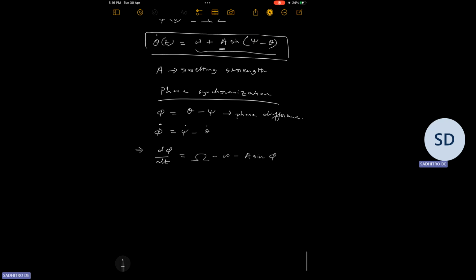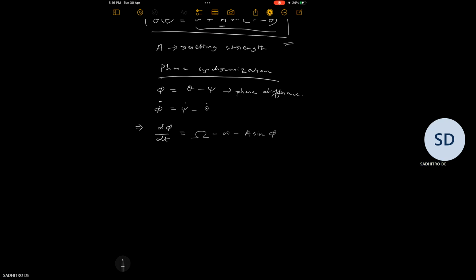Right, so this equation for the phase difference simply follows from this equation. We call this equation 1.